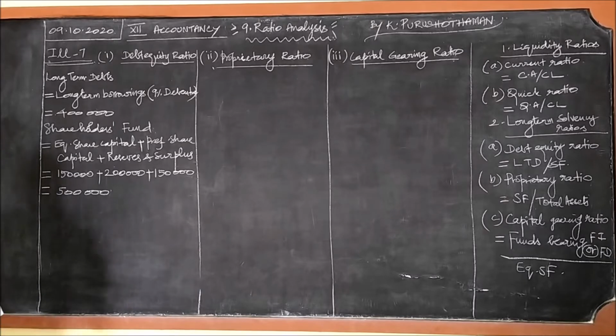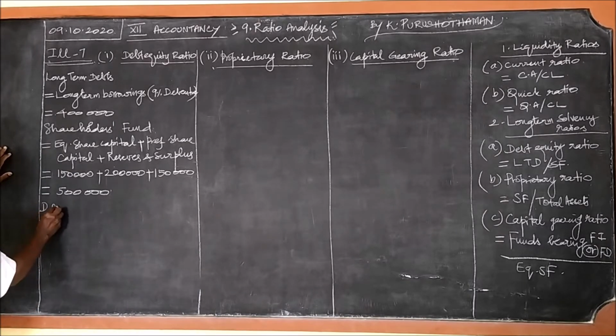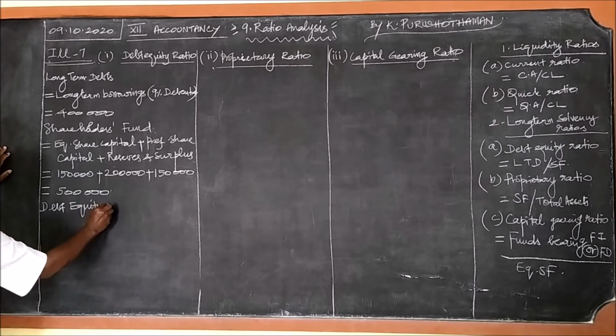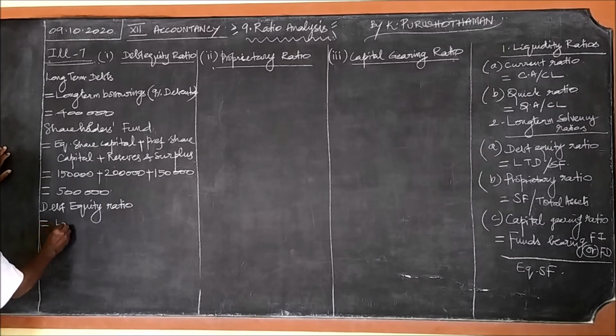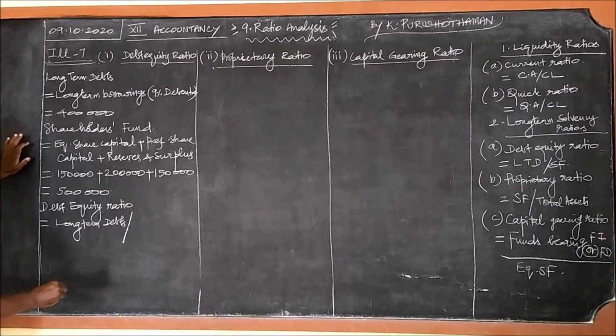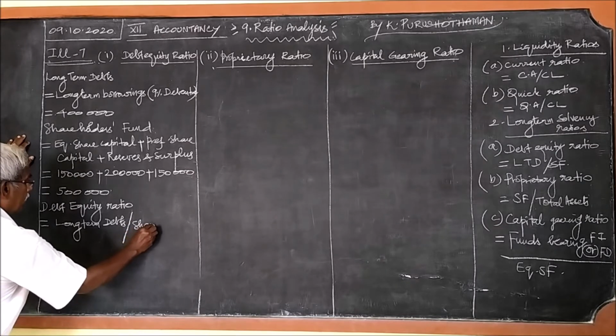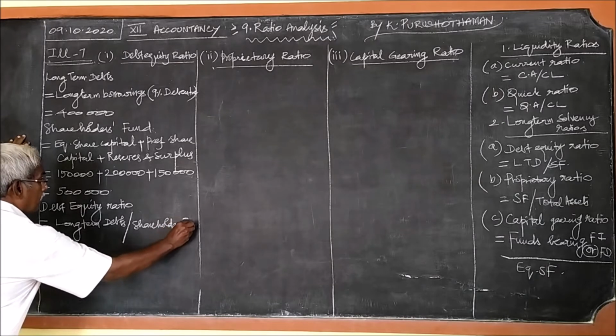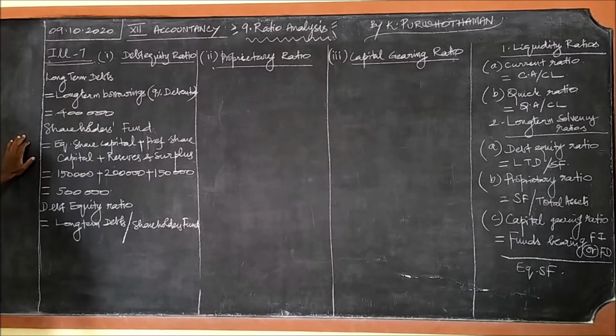Then you can write the formula: debt-equity ratio is equal to long-term debts divided by shareholders fund.